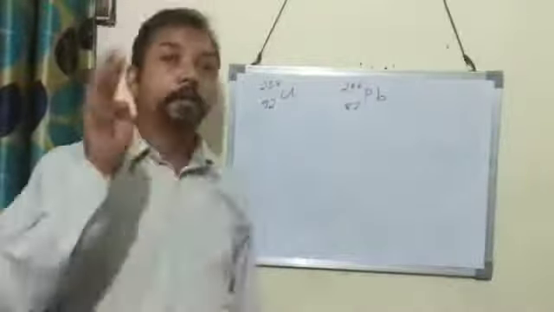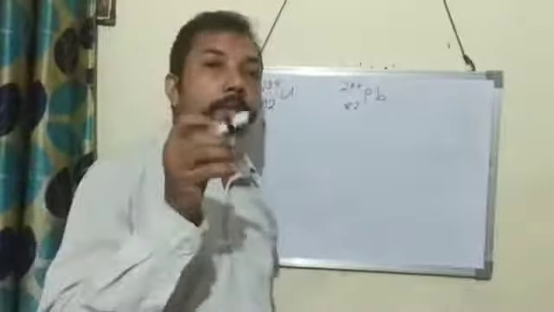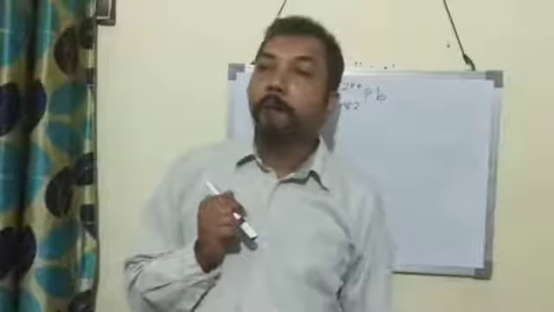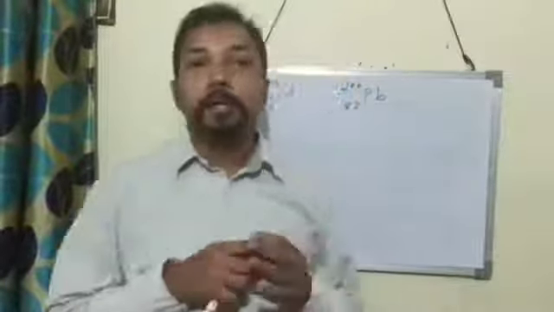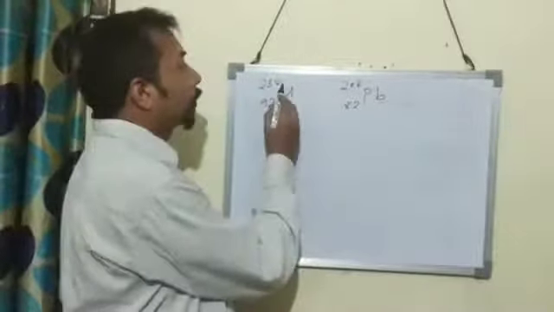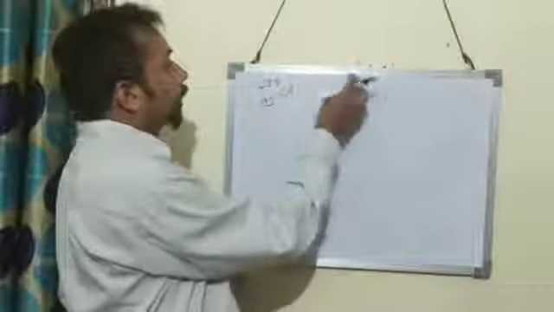Since there is no change in the mass number during beta emission, first of all we will find the number of alpha particles emitted. In order to find it, we will find the difference of the mass number of the reactant and the product.